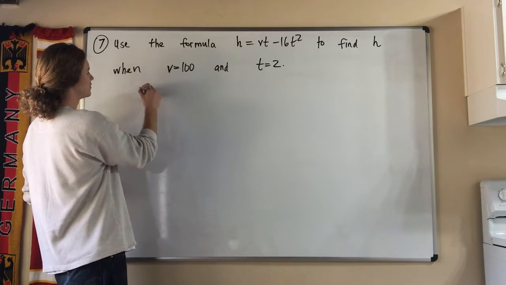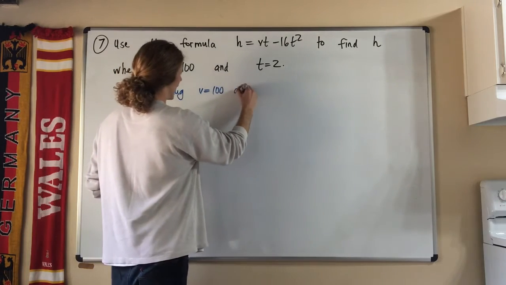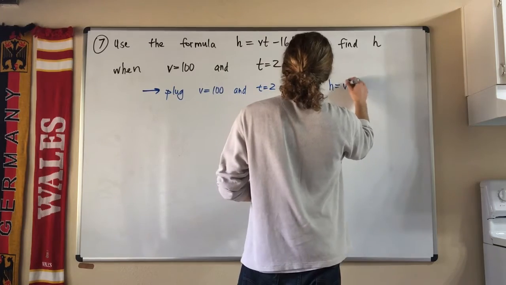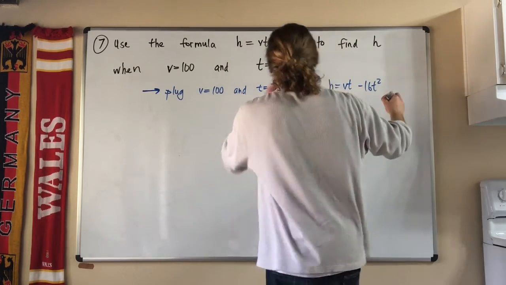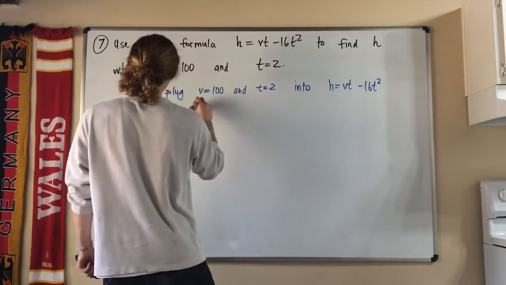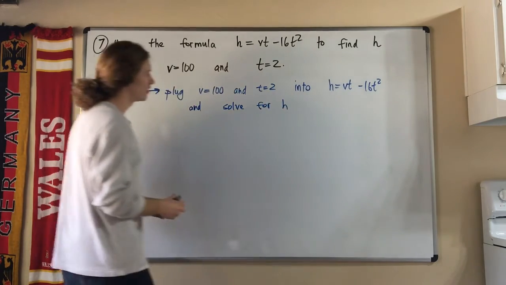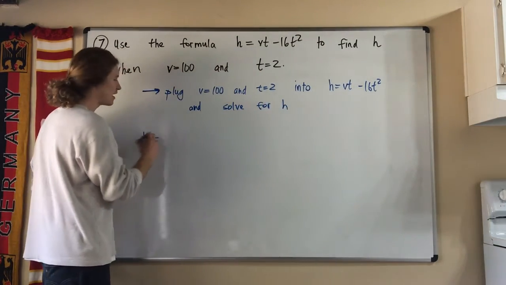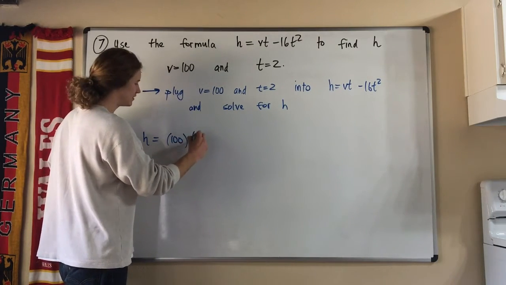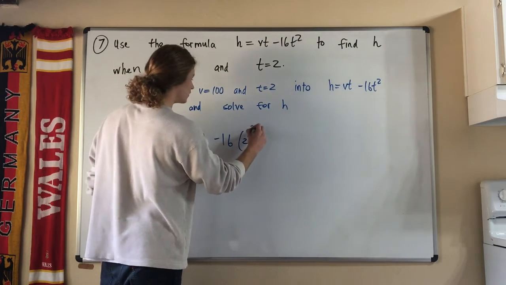So pretty much we need to plug v equals 100 and t equals 2 into h equals vt minus 16t squared and solve for h, which is already done, as I said. So let's start there. So plugging in v and t. So h equals v, well v is 100, times t is 2, minus 16 times t squared, well that's 2 squared.